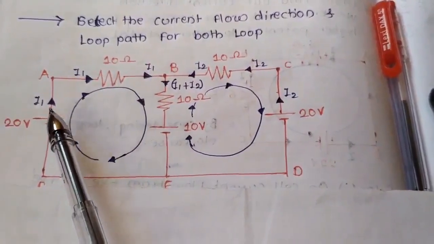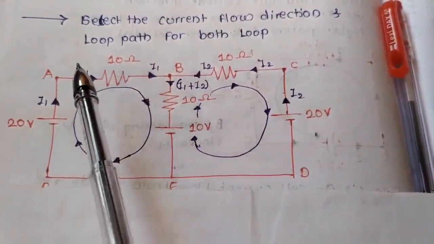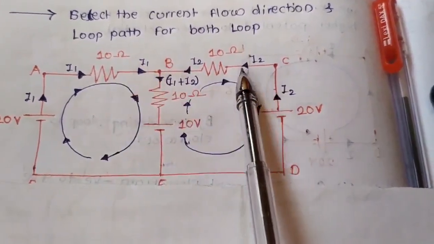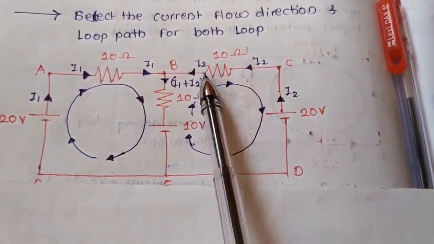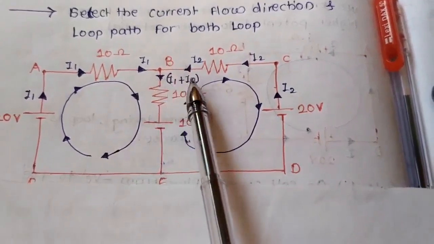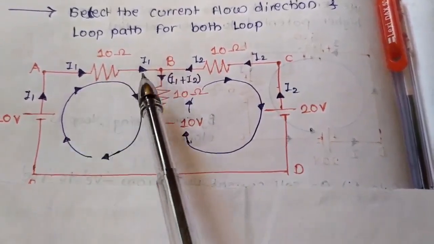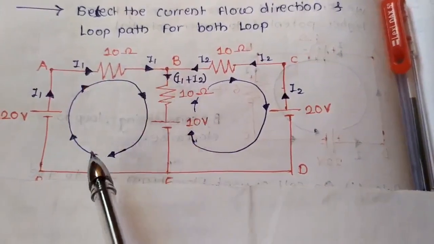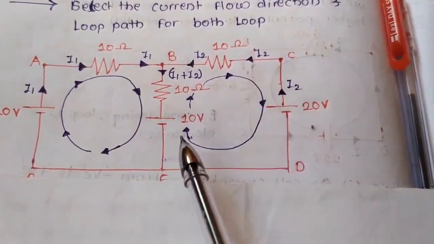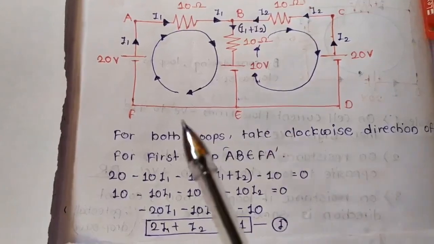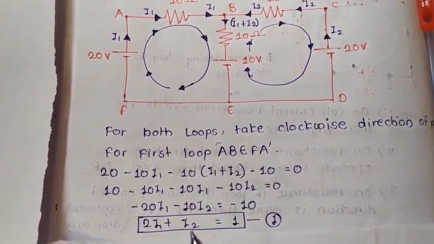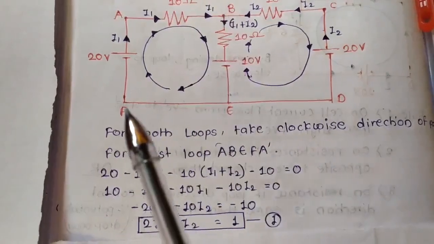What we take? I1 from this, I2 from this, I1, I2, plus here, minus here, plus here, minus here, now plus here, minus here, this branch I1 plus I2, and the loop path for calculation we take clockwise, here also clockwise.